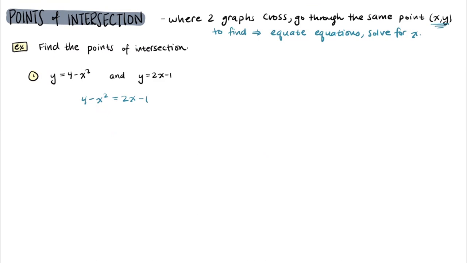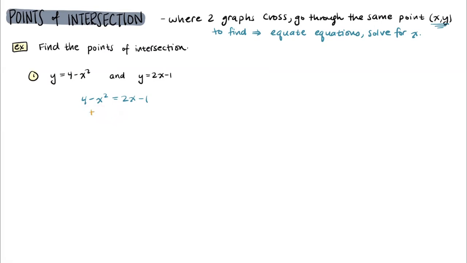You have some options here, but we want to get 0 on one side of the equation in order to do either of those things. You have options about which side to get 0 on. I would always recommend trying to get a positive number in front of the thing with the highest degree. So let's bring all of this stuff over to the other side so that we'll have a positive in front of the x squared.